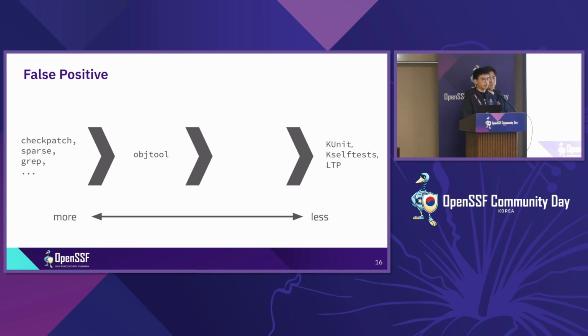But the problem with this is the maintainer has to spend time looking into your report and deciding if it's actually a bug. This takes a lot of the maintainer's time, and maintainer time is actually the most precious resource we have in the Linux kernel community. So we try very, very hard to save their time to make sure they have more time to pour into fixing bugs and doing other important things.